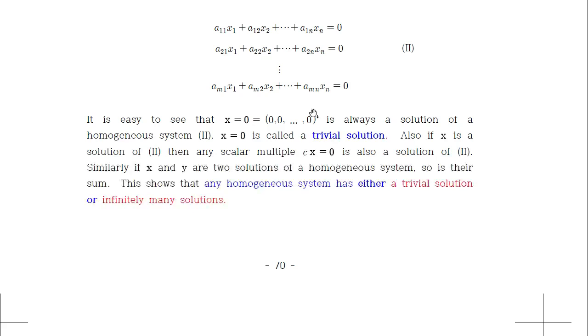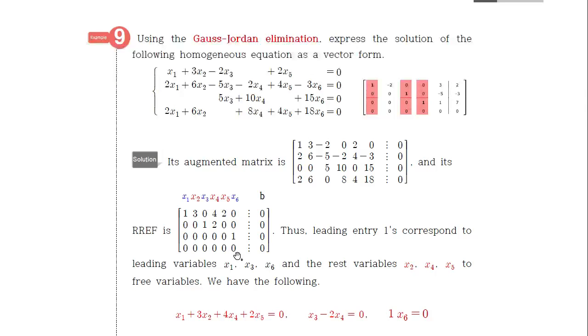So in a homogeneous system, you have either only the trivial solution, or infinitely many solutions. If you have one non-trivial solution, you have infinitely many solutions, because any scalar multiple of that solution is also a solution of the given homogeneous system.